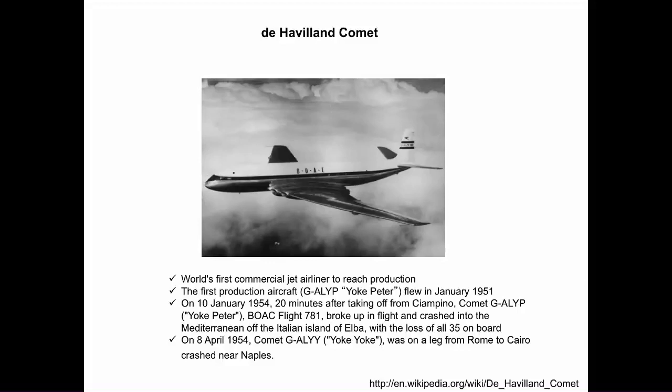Shortly after that, in April, another plane crashed. So from 51 to 54, they had been flying the plane and all was fine, and then one crash happened, and then another crash happened. After which you almost never heard about the Comet anymore. So something bad really happened there.